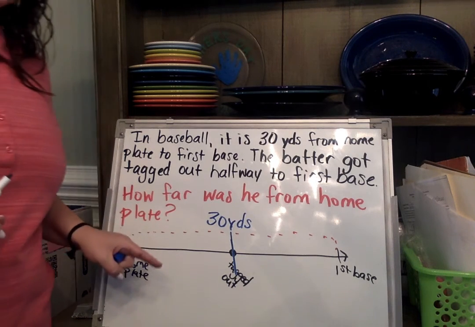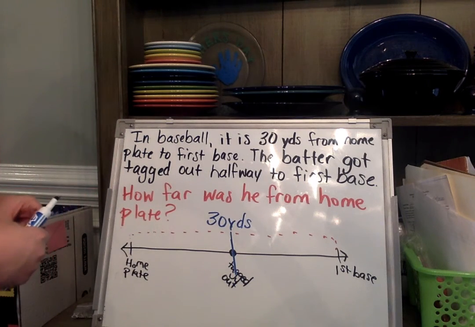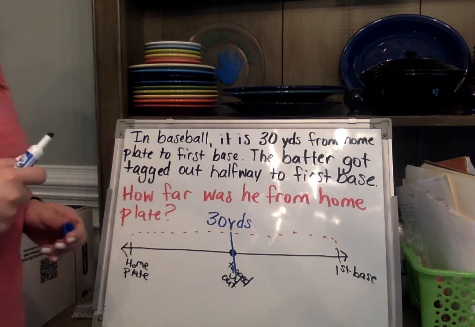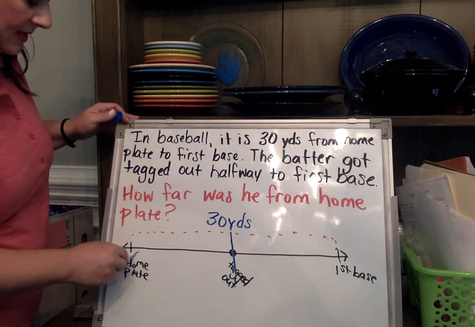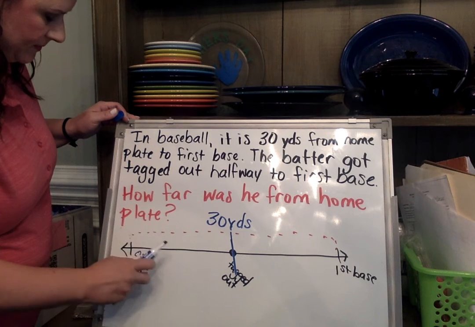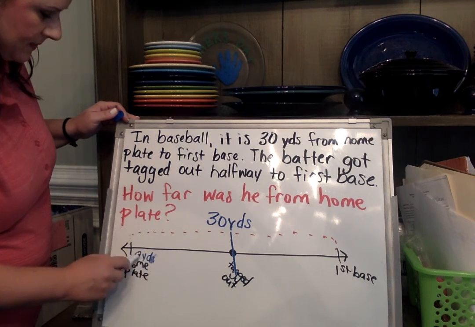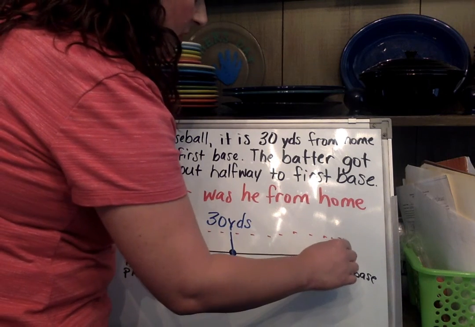Okay, and I probably did a little too much for you on this problem and didn't give you guys enough time to figure it out on your own, but we're just starting on these number lines. Okay, here's home plate. 0 yards. It's supposed to be a 0. It looks like O. Here's first base. It's 30 yards away.